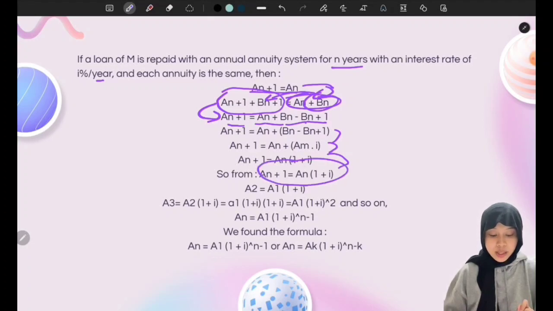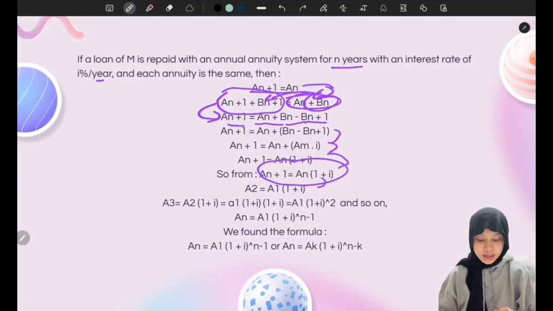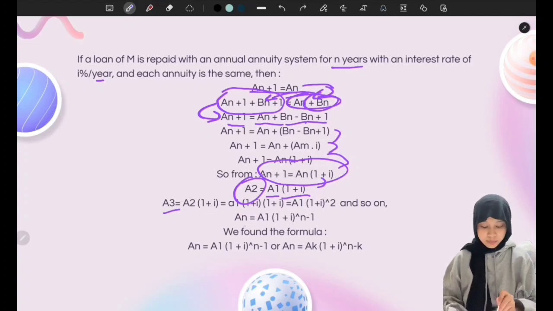From all the steps we get A(n+1) equals An times (1 plus i), and A2 equals A1 times (1 plus i), and A3 equals A2 times (1 plus i), and so on. An equals A1 times (1 plus i) in the power of n minus 1.